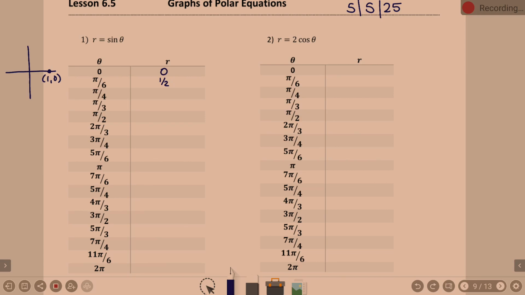Now, 1/2, that one's easy enough. I know what that is as a decimal. I know how to graph 1/2, so that's not a huge deal, but I will write it as a decimal. What about pi over 4? What is the sine of pi over 4? Square root of 2 over 2, straight from the chart there.